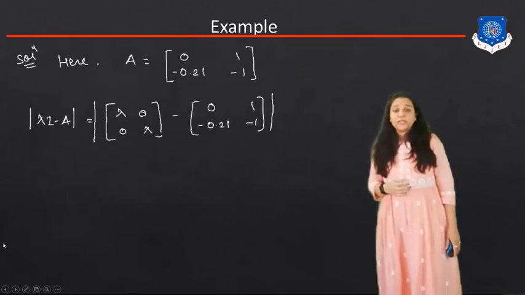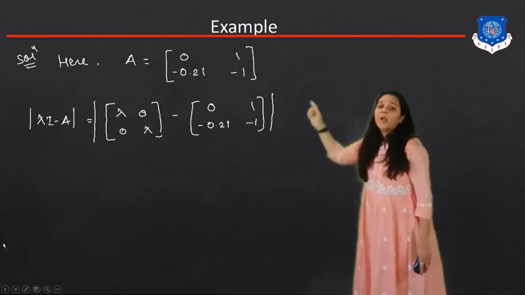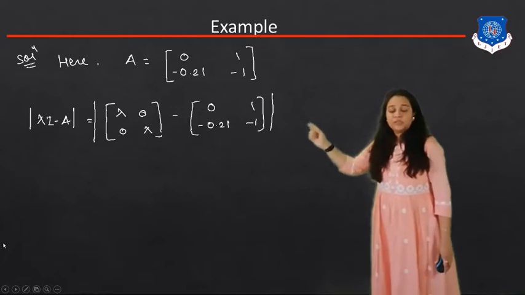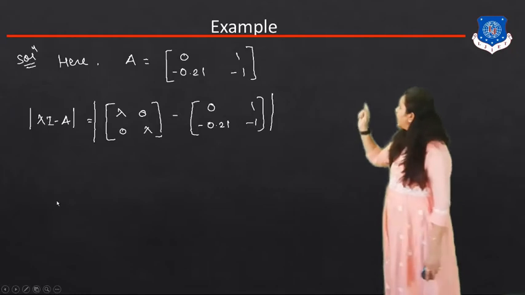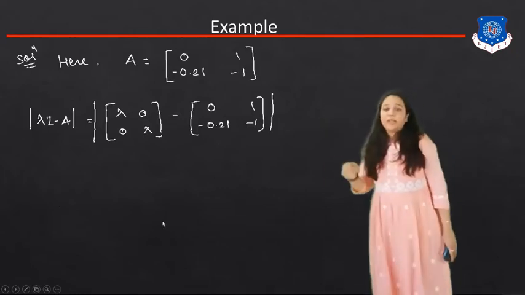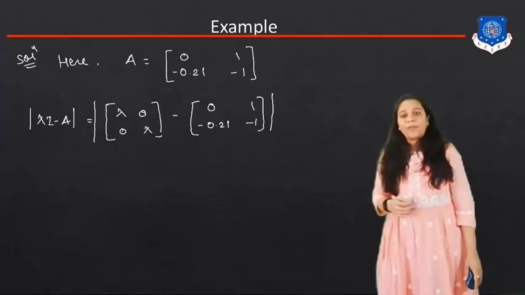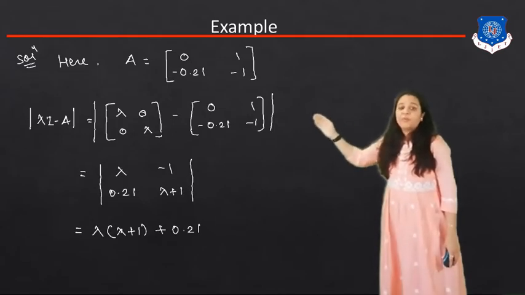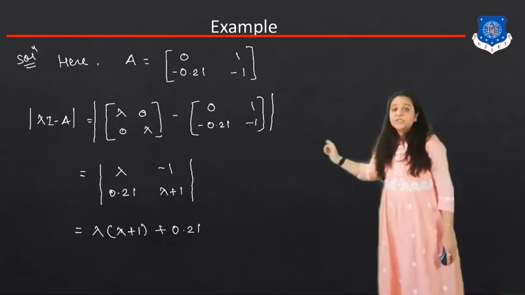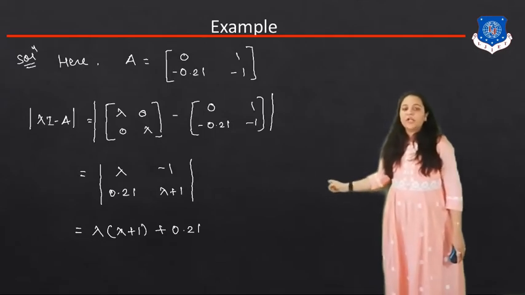The solution is here. The A matrix is given: A is equal to [0, 1; minus 0.21, minus 1]. First of all, we have to find the roots, and for that we apply the determinant of lambda I minus A. Lambda I is [lambda, 0; 0, lambda], and we subtract the A matrix from it. We get [lambda, minus 1; 0.21, lambda plus 1].